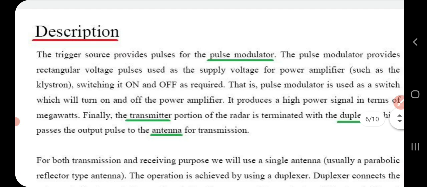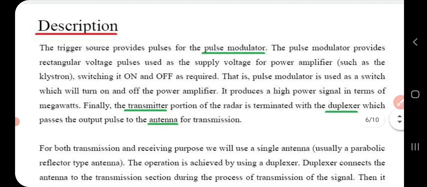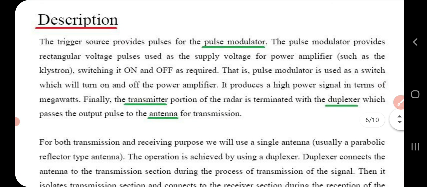Now, this is just a description of what we have already discussed. Here, the trigger source provides pulses for the pulse modulator.